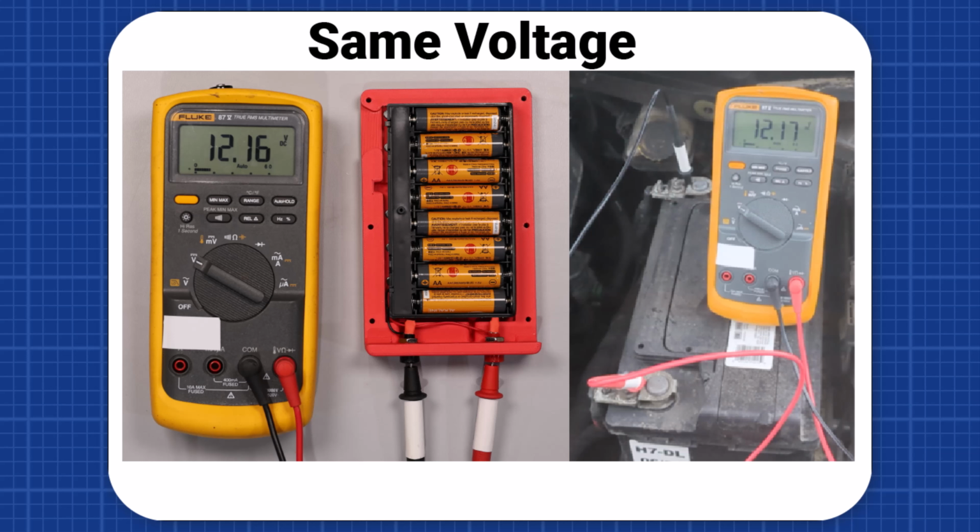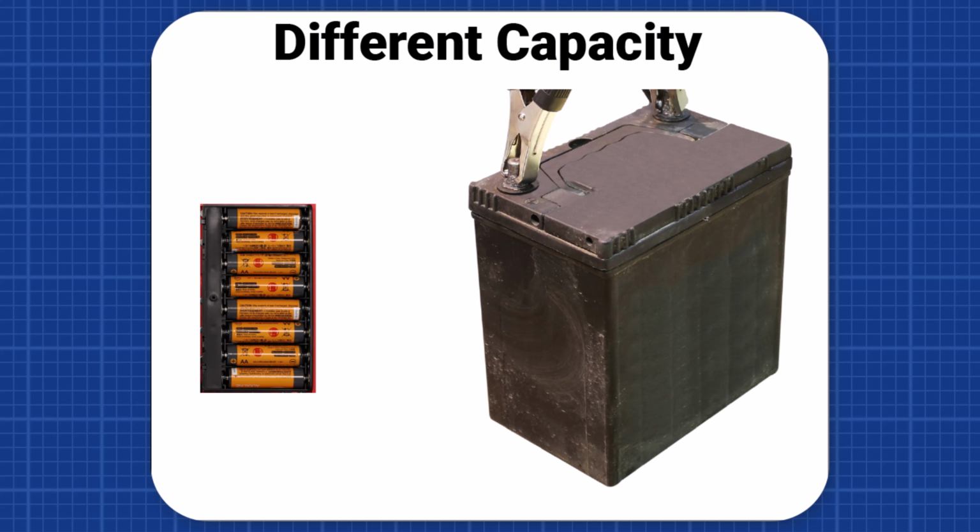A small set of AA batteries and a large car battery might both provide 12 volts, but the car battery has a much greater capacity, allowing it to power components for a longer period. We'll cover capacity in depth later, but for now remember, voltage is about the push that drives the electrons, while capacity is about how long that push can last.